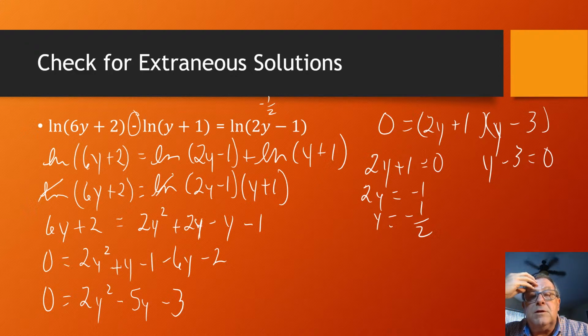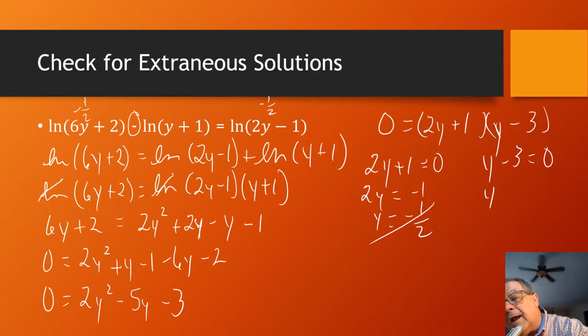Negative 1 minus 1 is negative 2. I can't take the log of a negative number. So I already know that this negative 1/2 would fail. It fails right there too, because if I put in negative 1/2 there, 6 times that is negative 3, and negative 3 plus 2 is negative 1. And so this is not a valid solution.